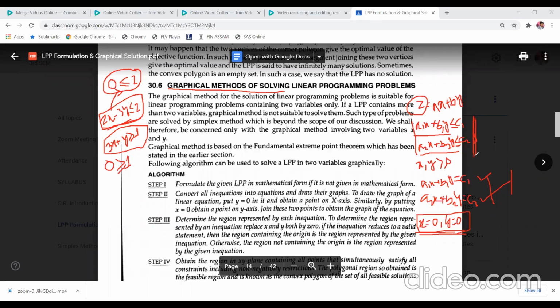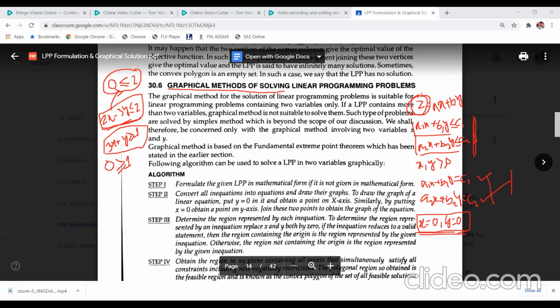And then at each corner point, you need to find the value of Z. After getting the values, you will get different values of Z. Now see, regarding the objective function Z, whether you need to maximize or minimize.